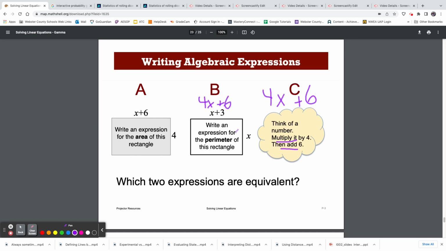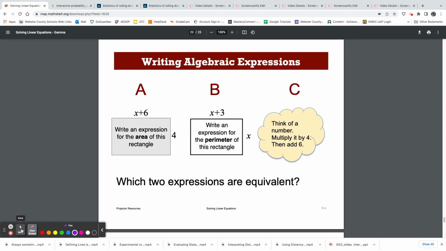So when it asks which two expressions are equivalent, it was these two right here. Now, if they wanted me to find the area, I'd have to multiply length times width. By doing the distributive property, I would do 4 times x, which is 4x, and 4 times 6. You have to multiply by both, and that gives me 24. So that's the expression that does not match.